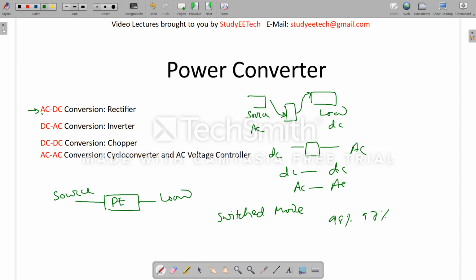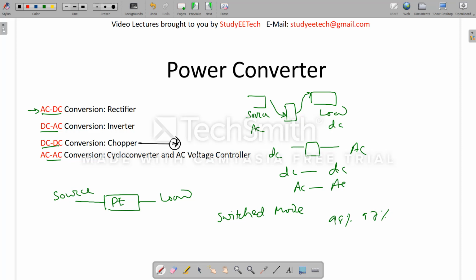So power electronics is basically different types of conversion: AC to DC, DC to AC, DC to DC, AC to AC. Many conversions are there. We will study all these things in the course of power electronics, but in this basic course we will get to know about the DC-DC converter, where you have a fixed DC voltage.